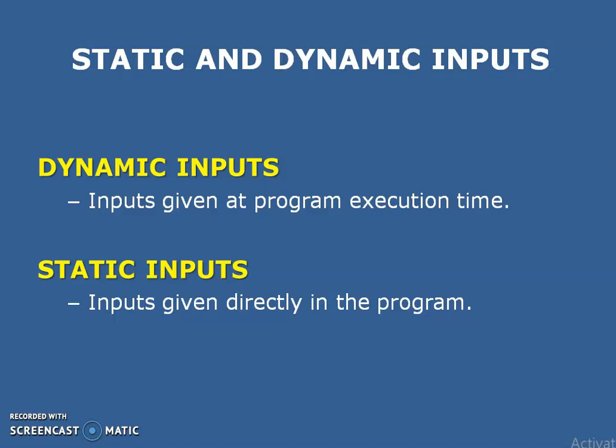For example, we initialize a is equal to 5 or b is equal to 2. These are called static inputs. Dynamic inputs are the example we have seen before, like a is equal to int of input of, enter the values. In static inputs we initialize the values in the program. This is the major difference between dynamic and static inputs.